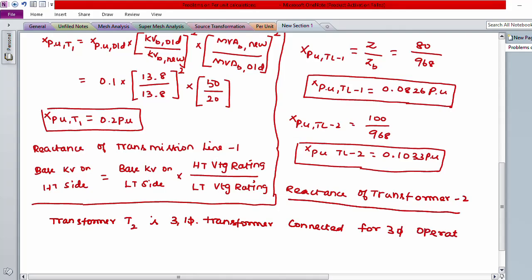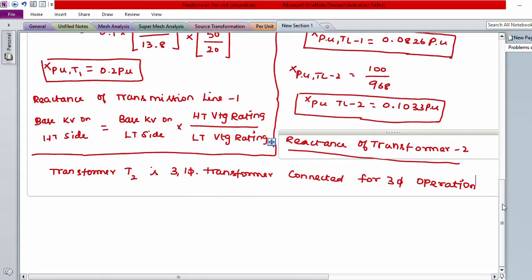So we have to consider the transformer connection. In the transformer connection, on the high voltage side it is connected in star connection.